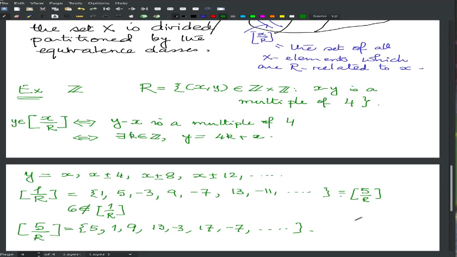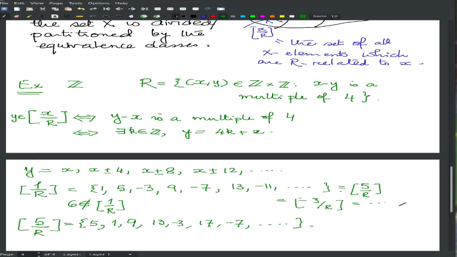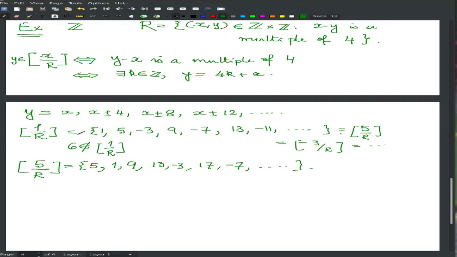You see, they are coming up. So 1 by r is same as 5 by r, it is same as minus 3 by r, and so on. So we can see that 1 by r, 5 by r, minus 3 by r, they are all the same. But 6 by r and 1 by r are not the same.